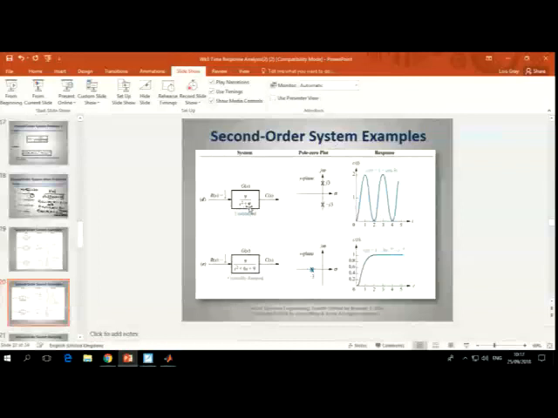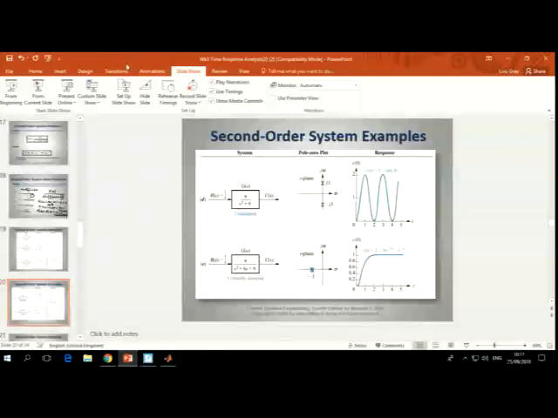So this would give us two poles on the y-axis, I think, because it would be the square root of minus 9, which doesn't have any real part, it's just going to be an imaginary part. And then this last one is two poles on top of each other on the real axis, which gives you a critically damped response. Okay, so that's just some slides that show you.